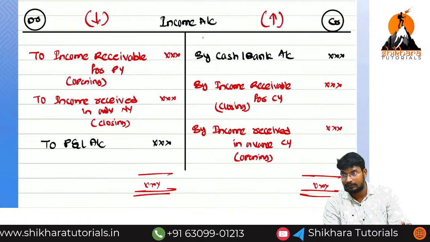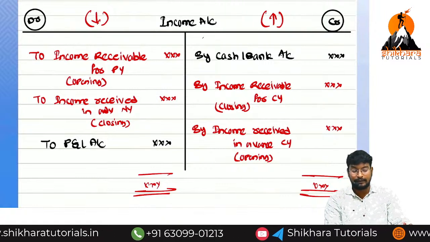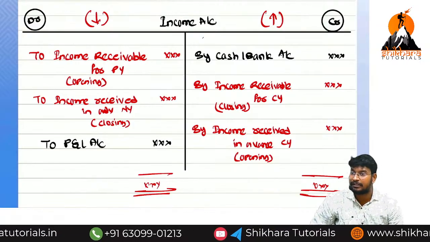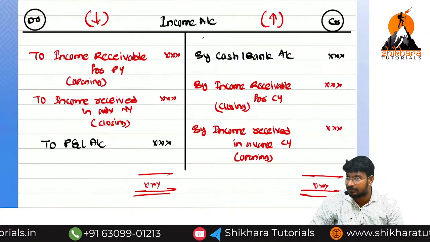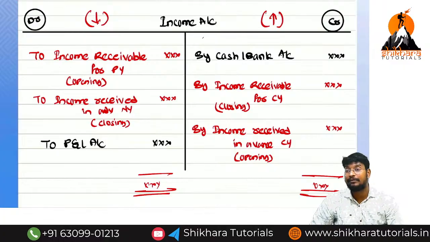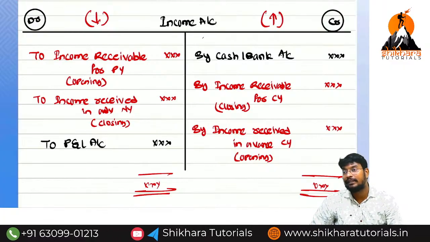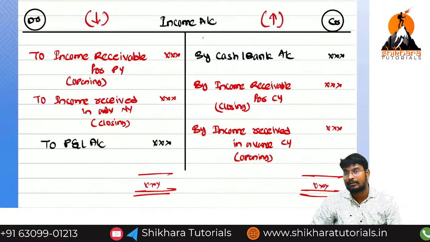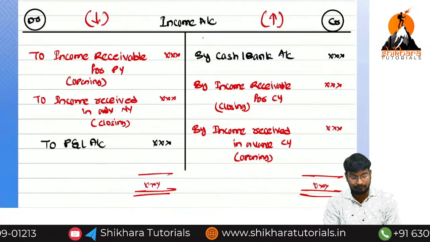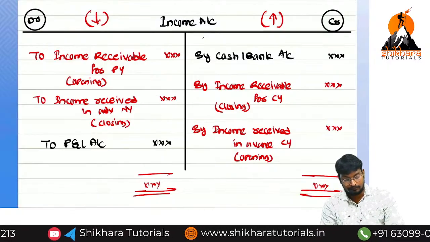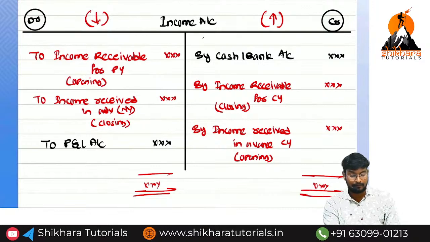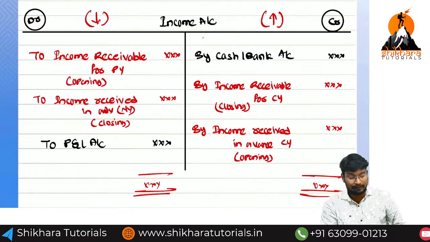Did you get the point? Income receivable for previous year or current year? Income receivable for the previous year means we need to reduce. Income receivable for the current year means we need to add. Next, income received in advance. During the previous year means current year. During the current year means next year. Then you can write like this here.